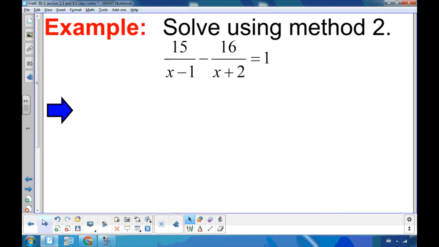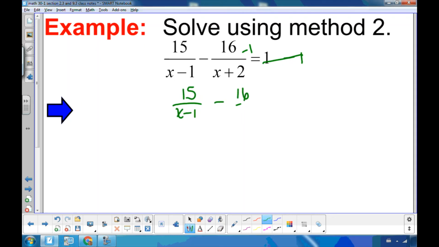Let's solve this one using method number 2. Method number 2, the x-intercept method, says I need to set it equal to 0. So I'm going to subtract 1 from both sides. 1 take away 1 is 0. So I would be left with 15 over x minus 1 minus 16 over x plus 2 minus 1 equals 0. So left side in y1, right side in y2.